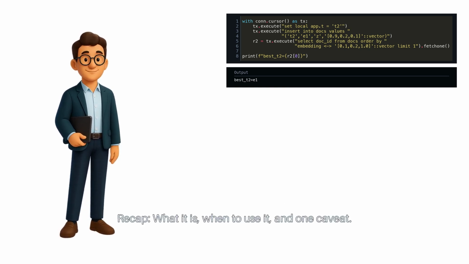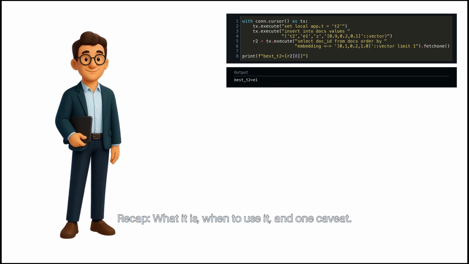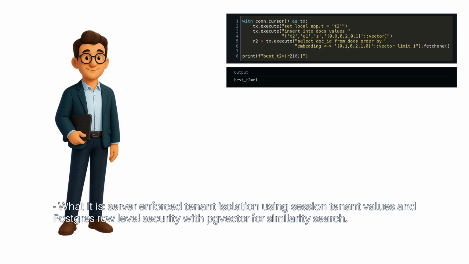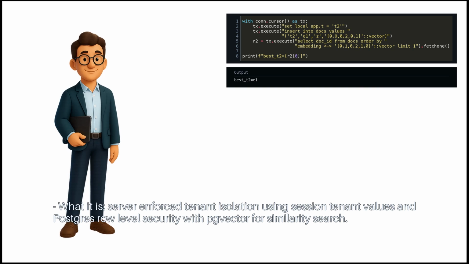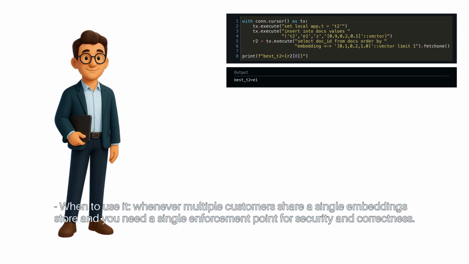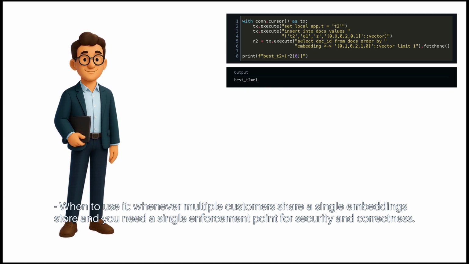Recap: what it is, when to use it, and one caveat. What it is: server-enforced tenant isolation using session tenant values and Postgres Row-Level Security with pgvector for similarity search. When to use it: whenever multiple customers share a single embedding store and you need a single enforcement point for security and correctness.